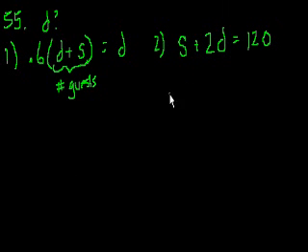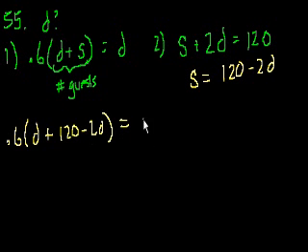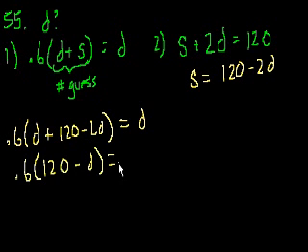So let me do some substitution. Here we get S is equal to 120 minus 2D. And we can substitute this back here. So you get 0.6 times D plus S, which is 120 minus 2D, is equal to D. And so you get 0.6 times 120 minus D is equal to D. And what's 0.6 times 120?